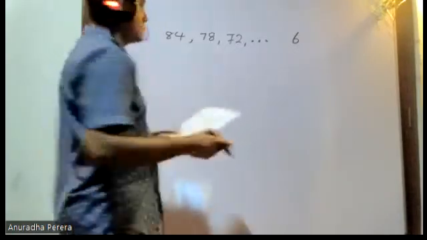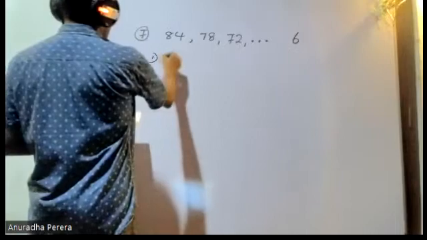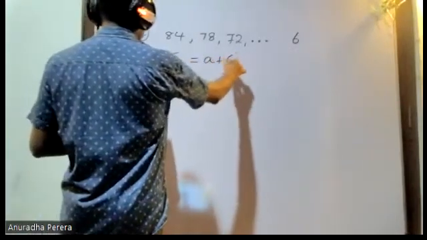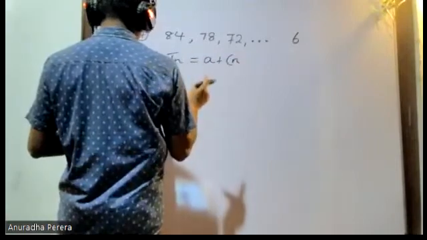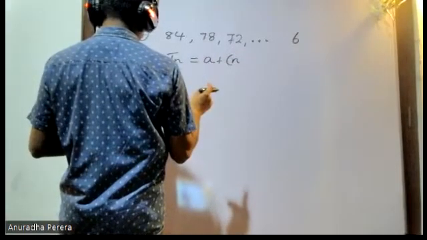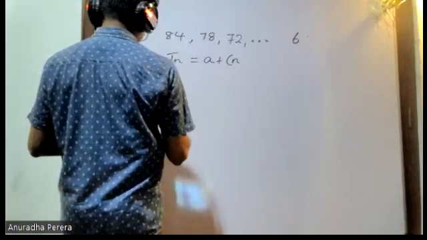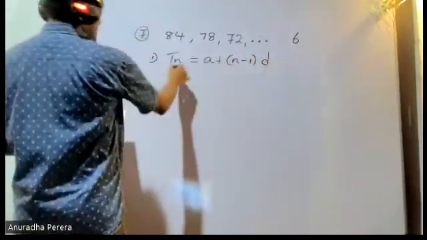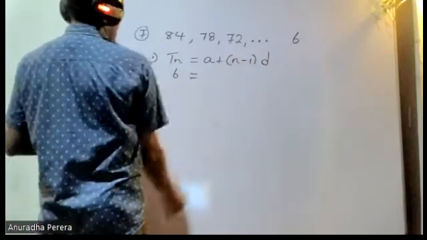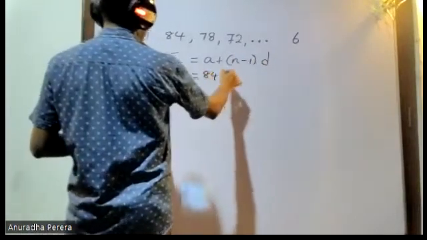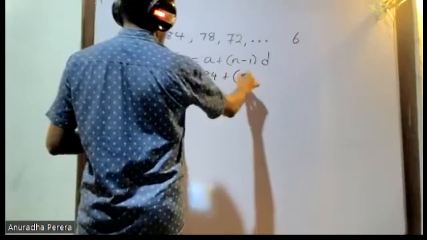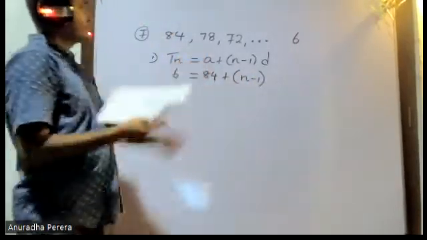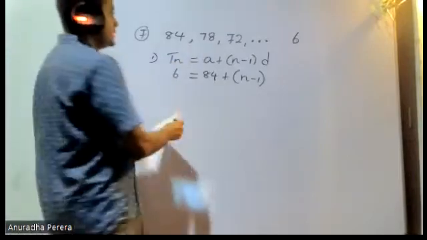Right. Now, you can use Tn equals a plus n minus 1 d. In this case, we need d. Tn is 6, the last term, and a is 84. The common difference is 78 minus 84, so d is minus 6.